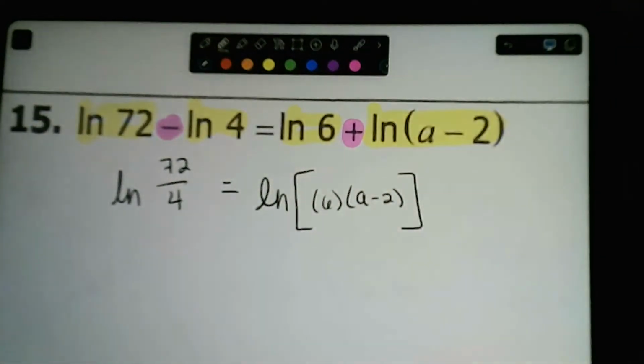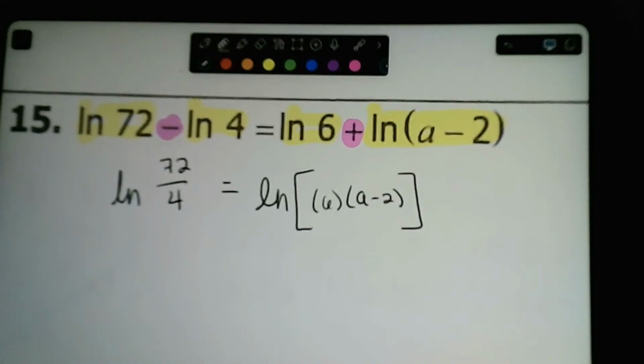And again, just using the square brackets to help you see that it's all of that I'm taking the logarithm of. Do I have one logarithm on each side of the equal sign? Are the bases the same? Yes, because they're both natural logs.